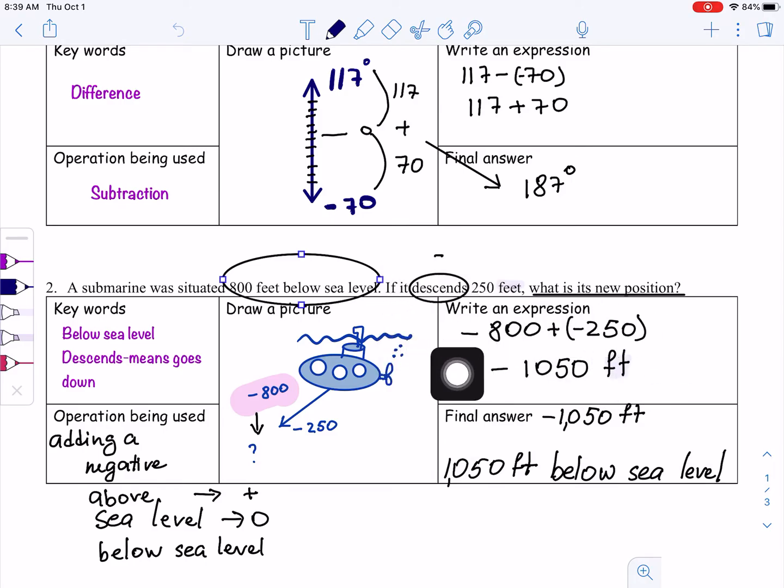The new position will be even further down, which is -1050 feet. So remember that the operation we used here is adding a negative, and there are some notes here that above sea level is positive, below sea level is negative, and sea level in math is represented by 0.